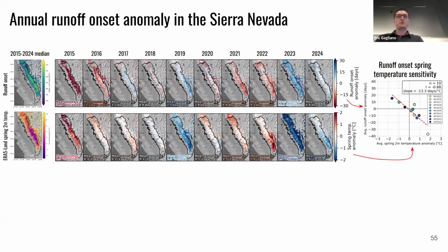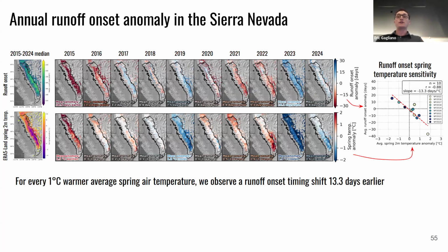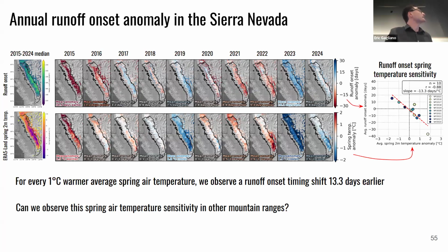Here, each point represents 1 year, and you can fit a line using linear regression or a more robust method like Sen's slope. And you see these really high correlations of 0.88 and a slope of 13.3, meaning that for every degree warmer spring air temperatures, you see a shift of 13.3 days earlier melt.